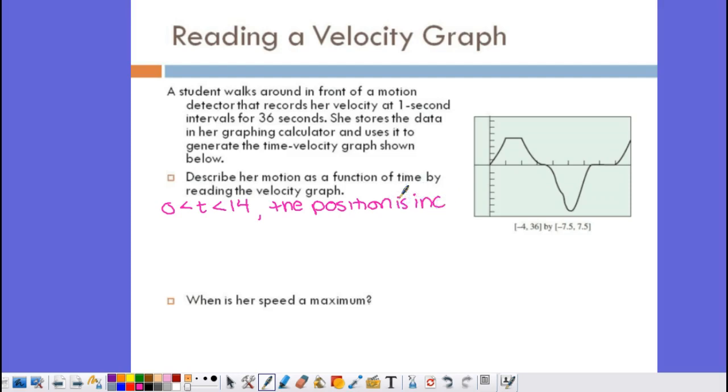So her motion would be going in which direction? Forwards or backwards? If the position is increasing, is she going forwards or backwards? Forwards. So the position is increasing, therefore the student is walking forwards.